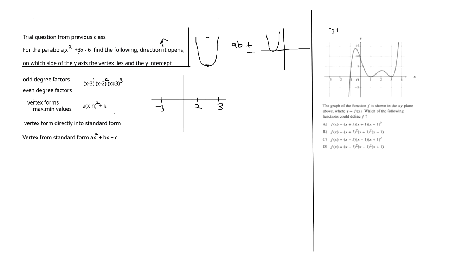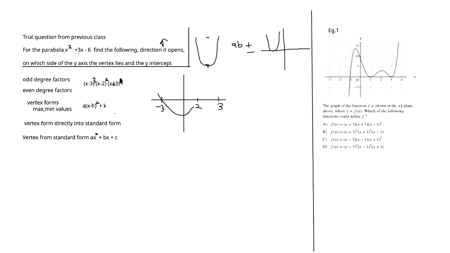Now, if the curve starts like this and goes this way, then because the power of x minus 2 here is squared, sorry, let's make this cubed instead. And then make this 1.